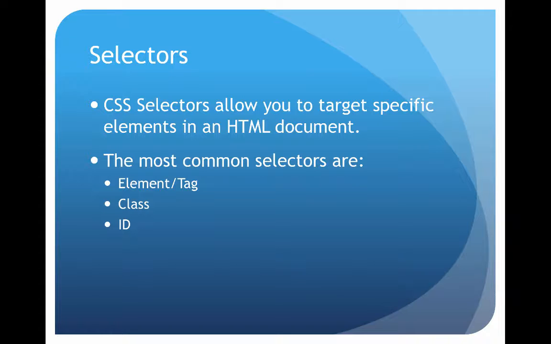Those were what are referred to as element or tag selectors because it's selecting a particular core HTML semantic markup element or tag within the HTML. The other type is referred to as class, and yet another is referred to as an ID style, and we'll go over each of these in a bit more detail.